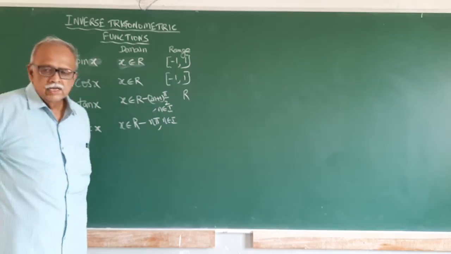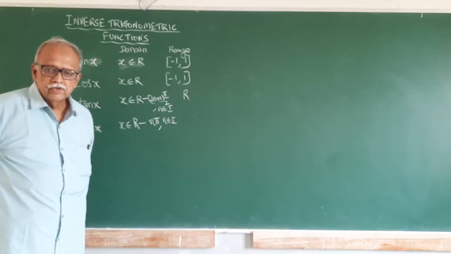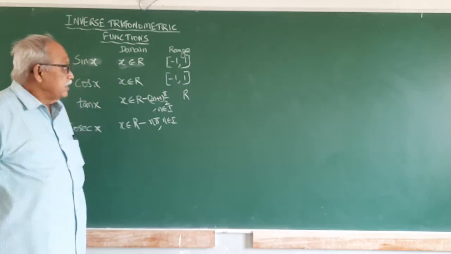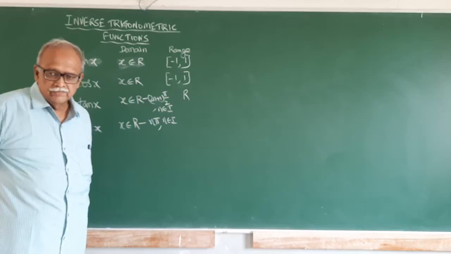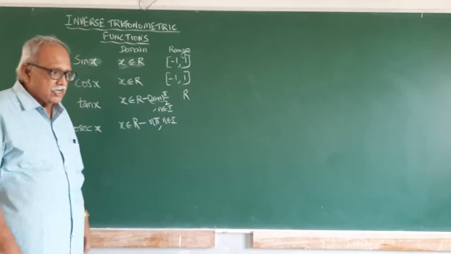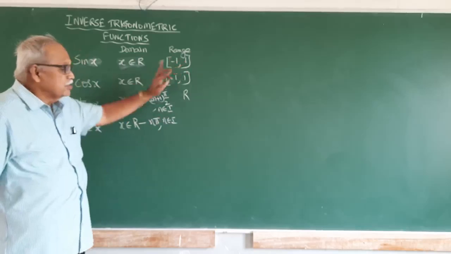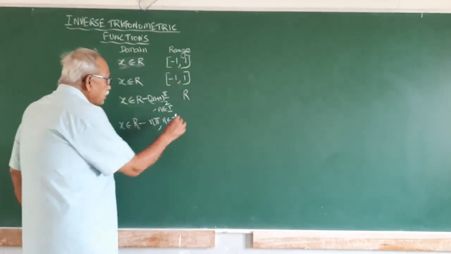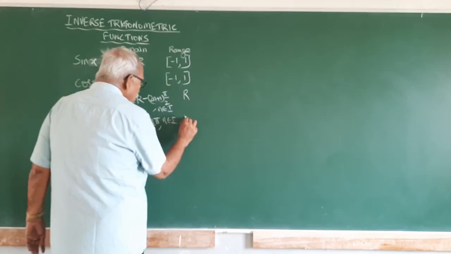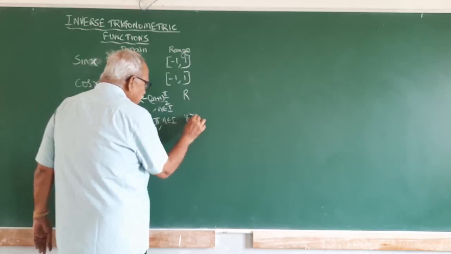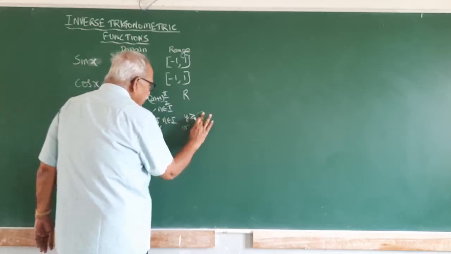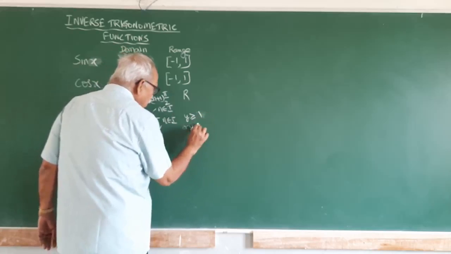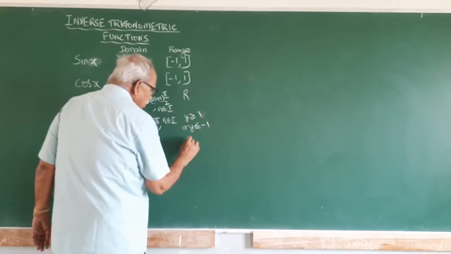Then what is the range of cosecant x? See here, the range of sin x is minus 1 to 1. But the range of cosecant x cannot be between minus 1 and 1. So the range is y greater than or equal to 1, y less than or equal to minus 1.